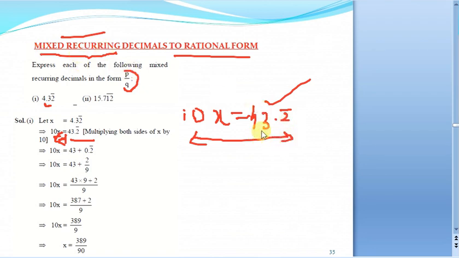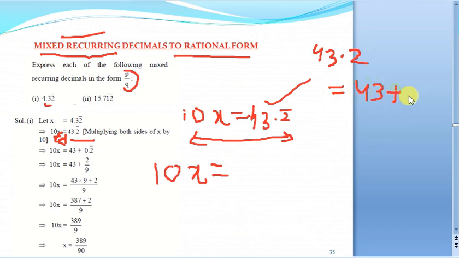Now see, this is 43.2 bar. Now observe carefully, here this is 10x is equal to, suppose if you are given with the number 43.2, how will you write it actually? 43 plus 0.2, this is how you will write, okay.